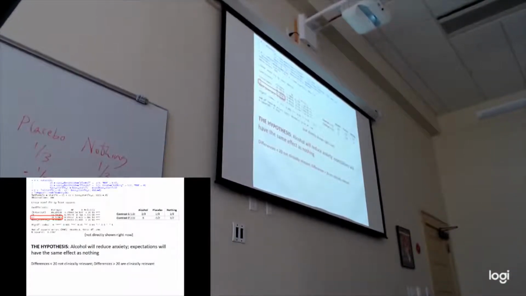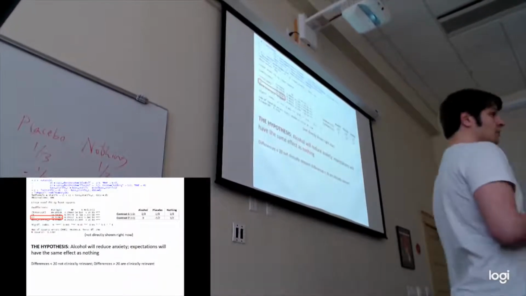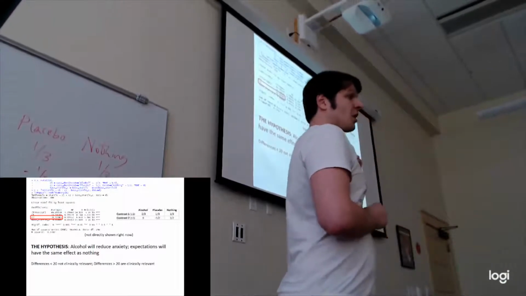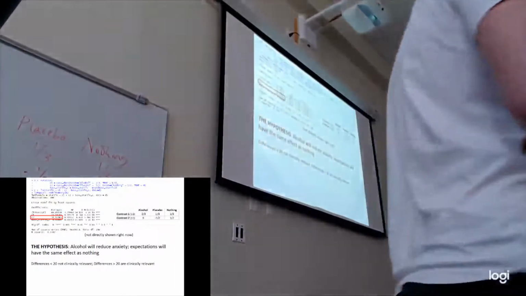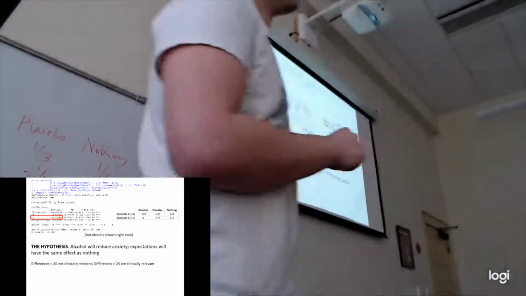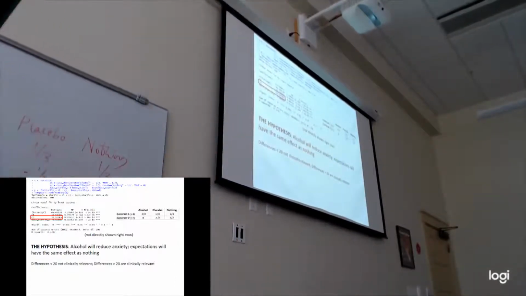And maybe it would even threaten the overall hypothesis that I gave you at the beginning, that alcohol or placebo will have exactly the same effect as if you did nothing at all. So this is the kind of finding that might cause you to say that your hypothesis was falsified, or at least threatened.